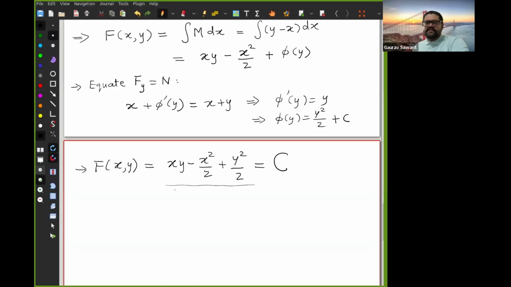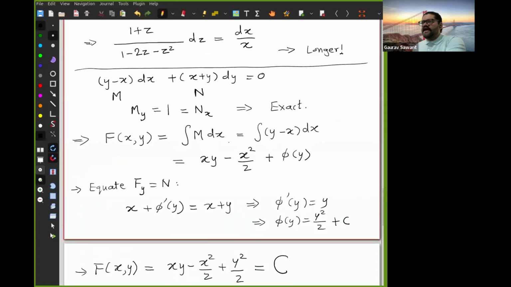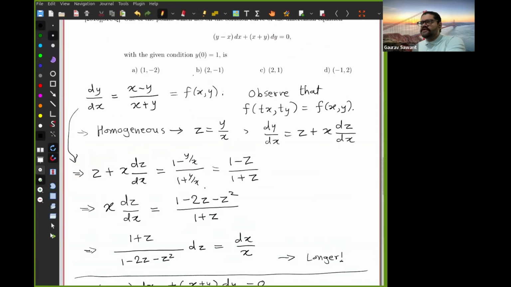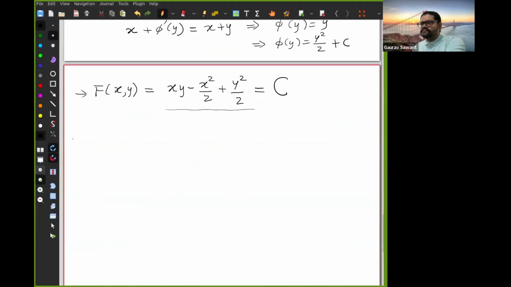So this should be the answer for that question. Given that there is an initial condition y of 0 is equal to 1, use the initial condition y of 0 is equal to 1. So we put x equal to 0, y equal to 1.